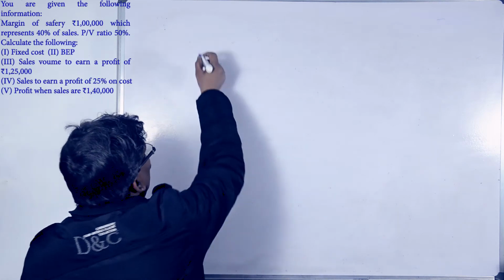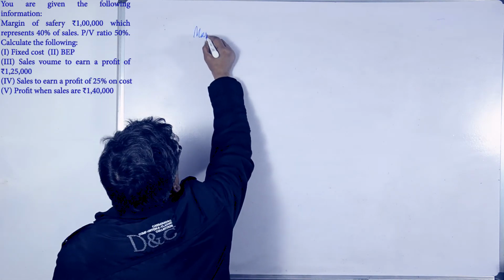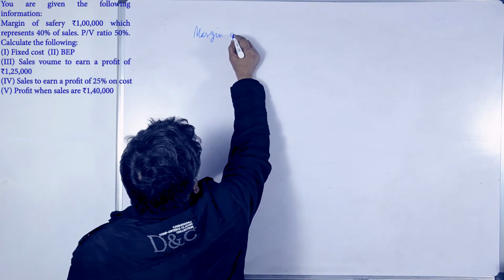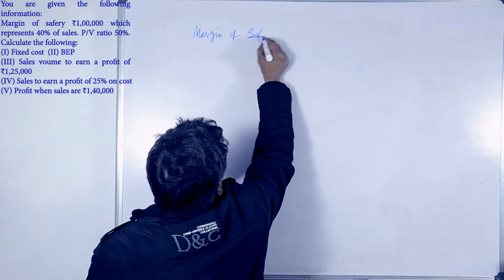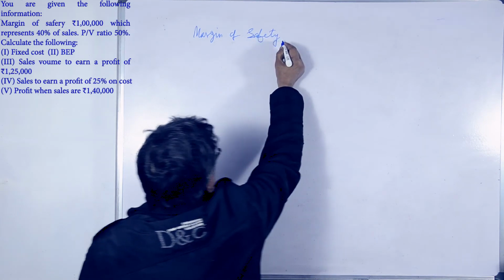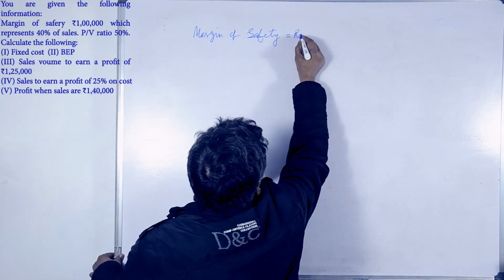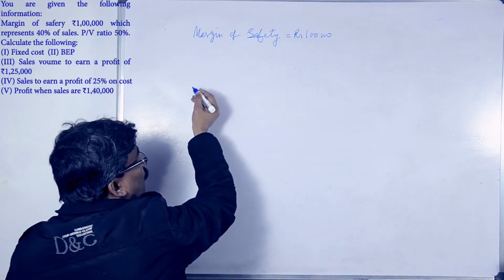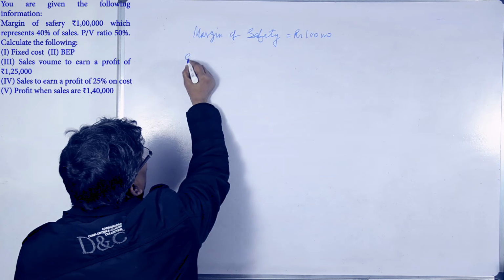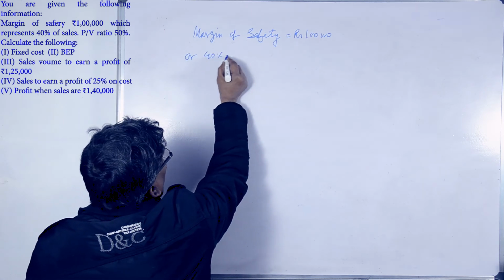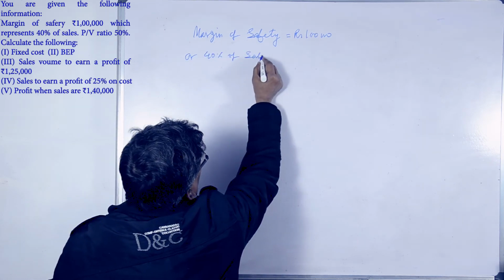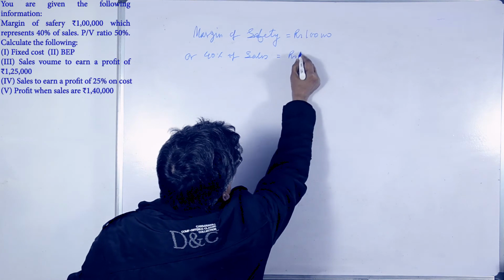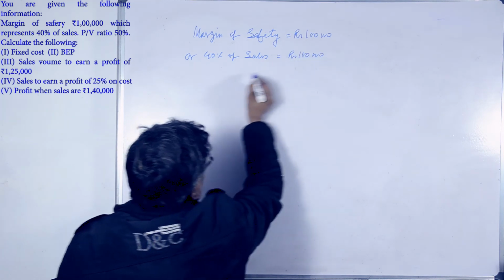Then out here is given margin of safety rupees 1 lakh, and it is given that margin of safety is equals to 40% of sale. Therefore, 40% of sales equals to rupees 1 lakh is given in the question.